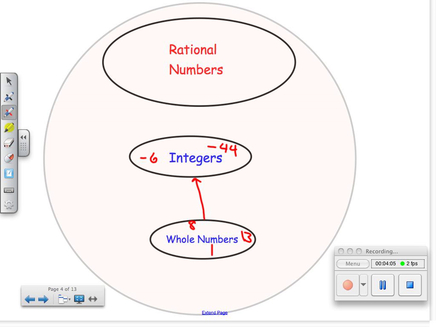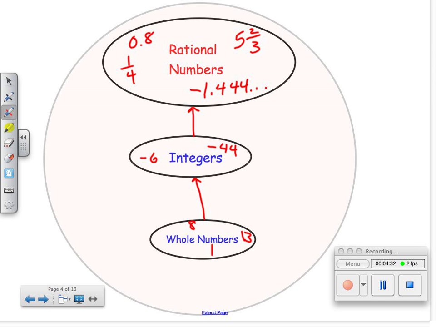Those are more integers. And whole numbers and integers are all part of what's known as rational numbers. But other rational numbers besides whole numbers and integers would be 0.8, 1/4, -1.4444 and on. 5 2/3 would be another example.